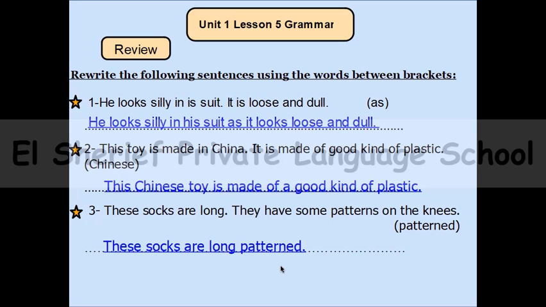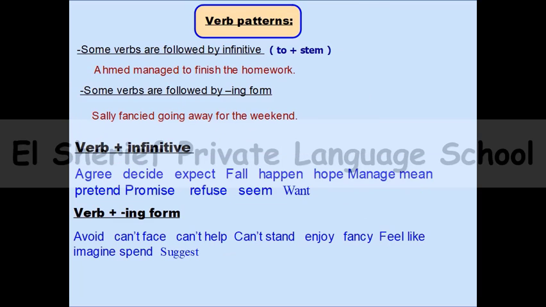And here we finished the part of revision, and today we are ready to have a new grammar lesson, and we will have the lesson of verb patterns. By the way, we have a lot of kinds of verbs.